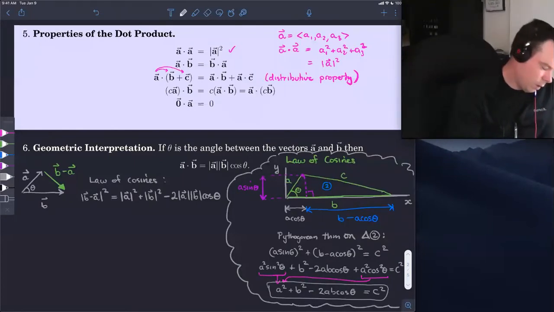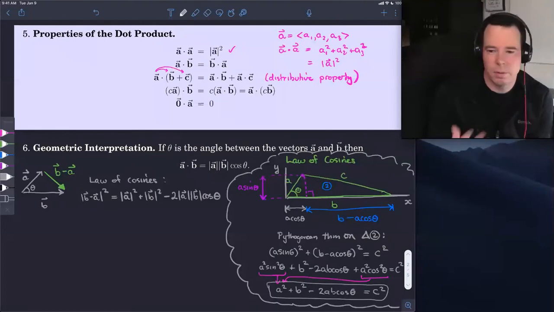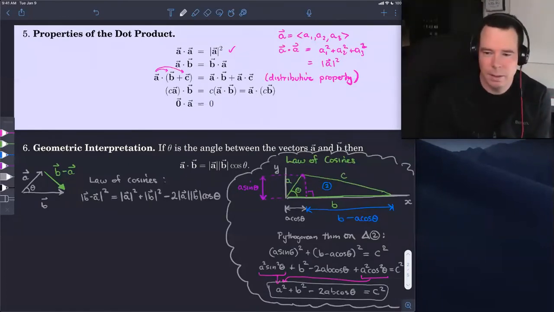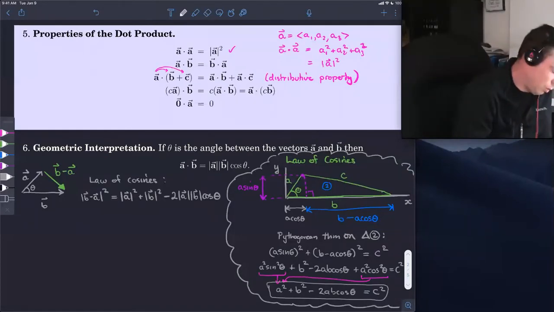And now we're going to use our definition of length and its relationship to the dot product to figure out how to reduce these expressions.